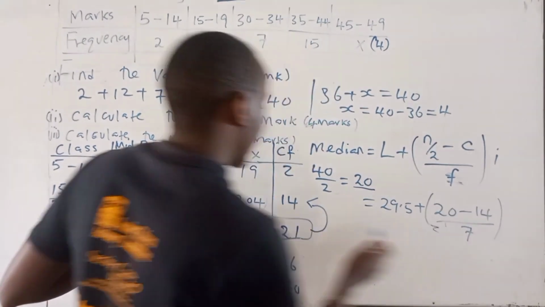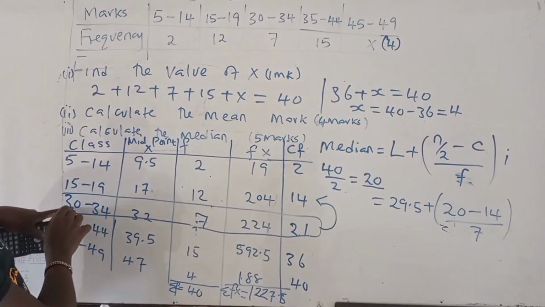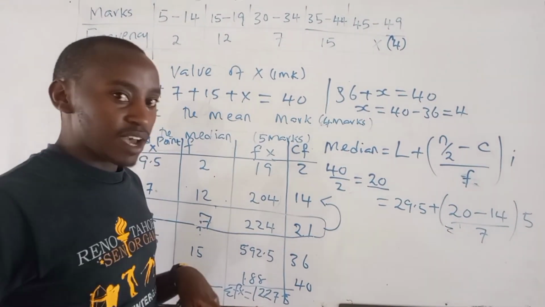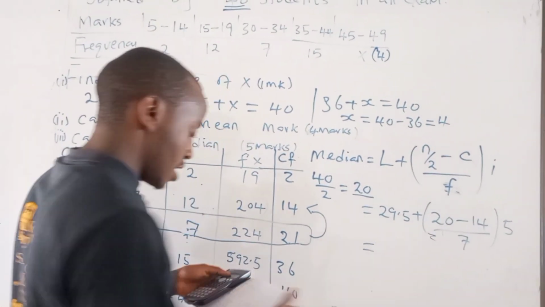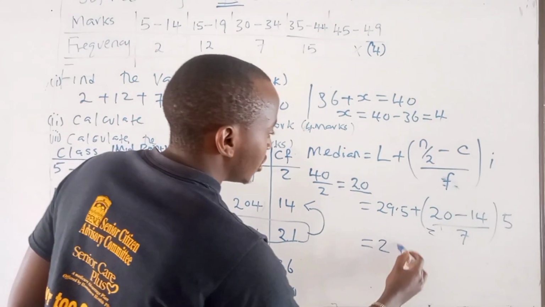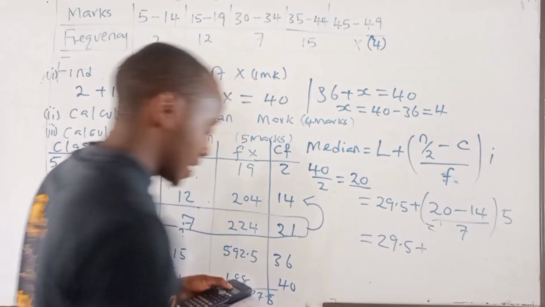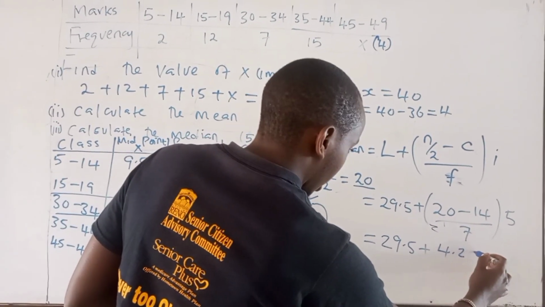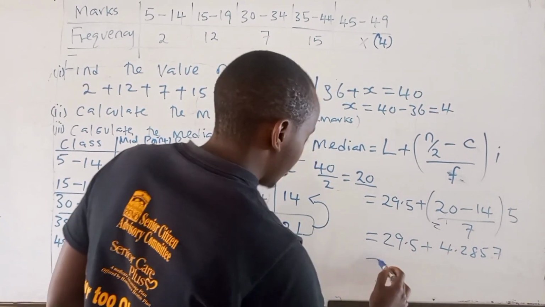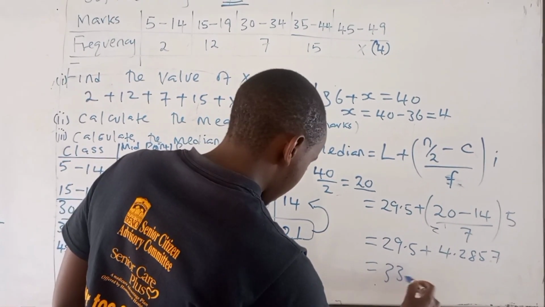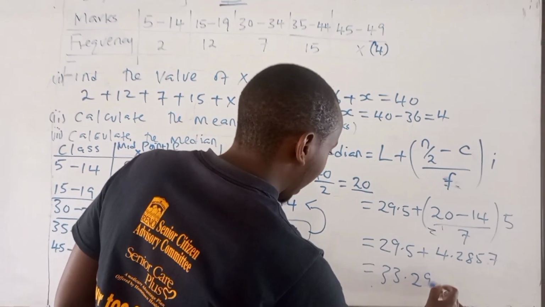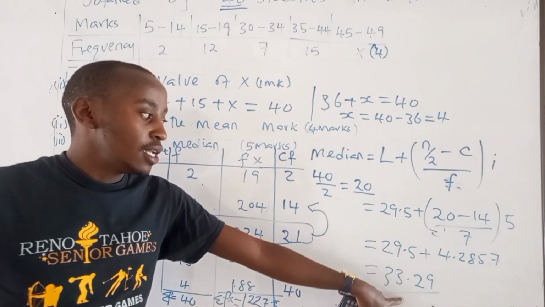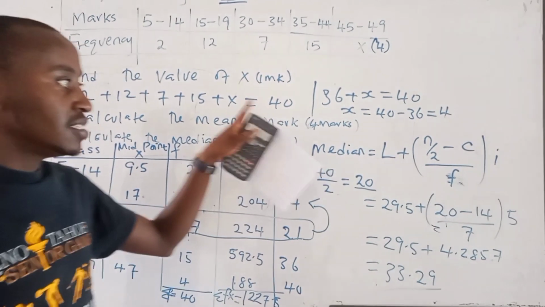We multiply by the class interval for 30 to 34, which is 5. Computing these, we get 29.5 plus 4.2857, and we finally get 33.79 as our median. So 33.79 is the median of this data.